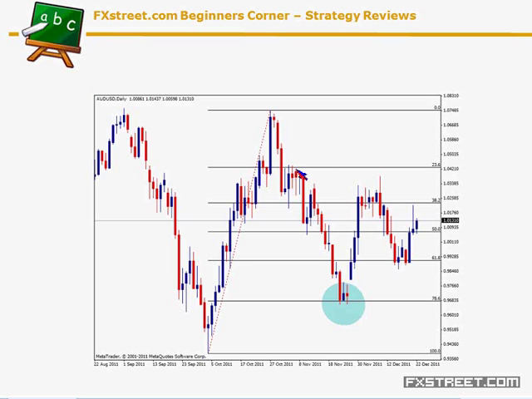The price, in fact, did not break the 23 and reach the 38, so it did not stop profitable trading. If we are bold and remain in the market, price finally broke lower and reached the 50, without touching this stop loss that we placed a few pips above there.